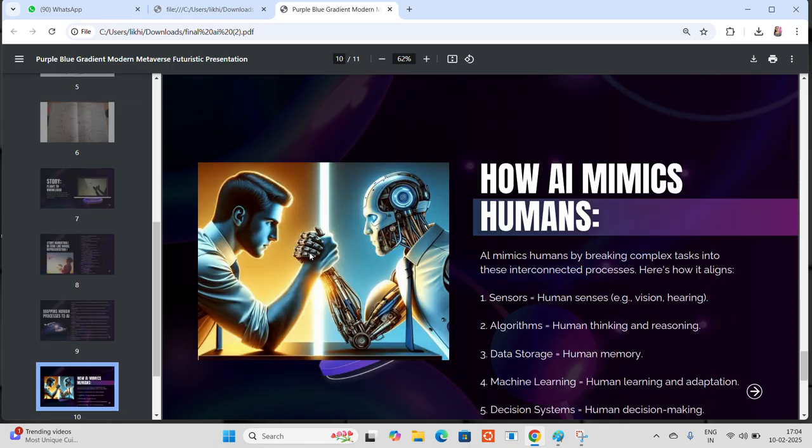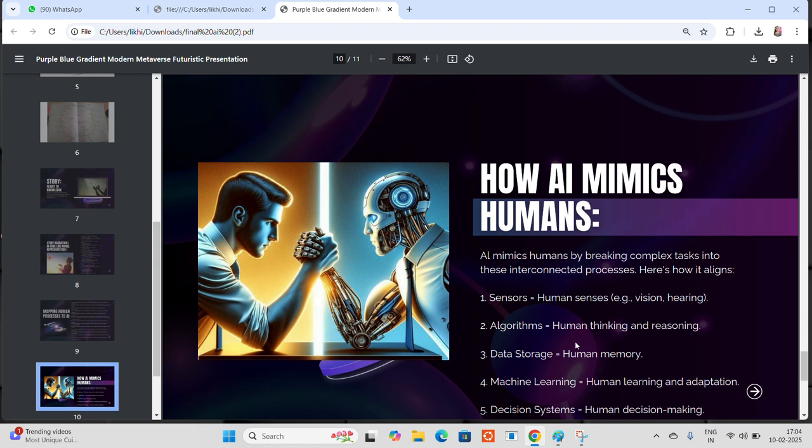Next, coming to the last thing, how AI mimics humans. Mimics means how it will do something. It just performs the same as humans. How is it possible? AI mimics humans by breaking complex tasks into these interconnected processes.